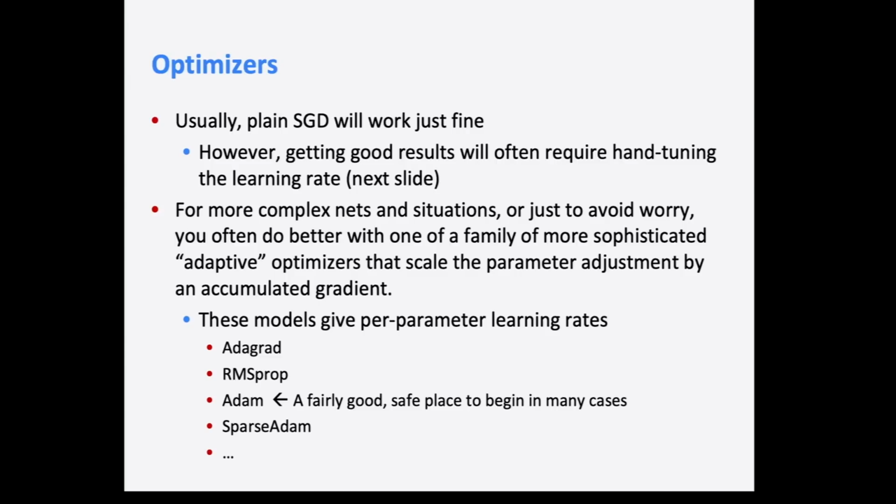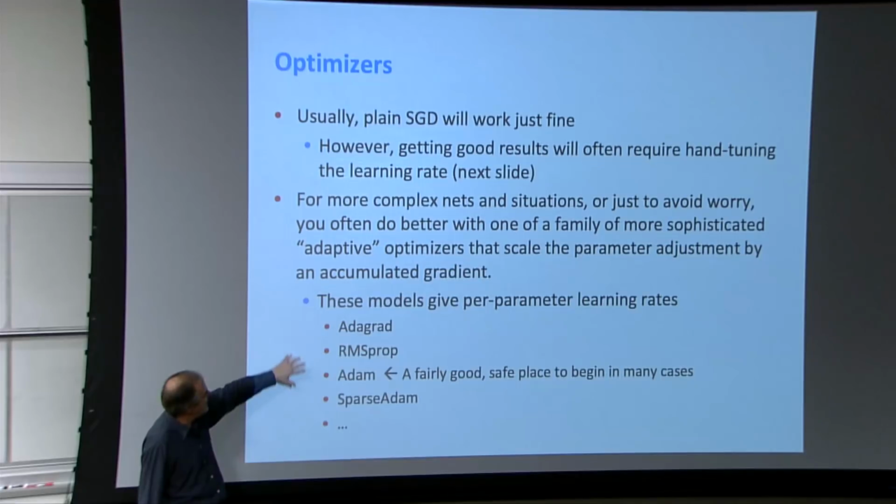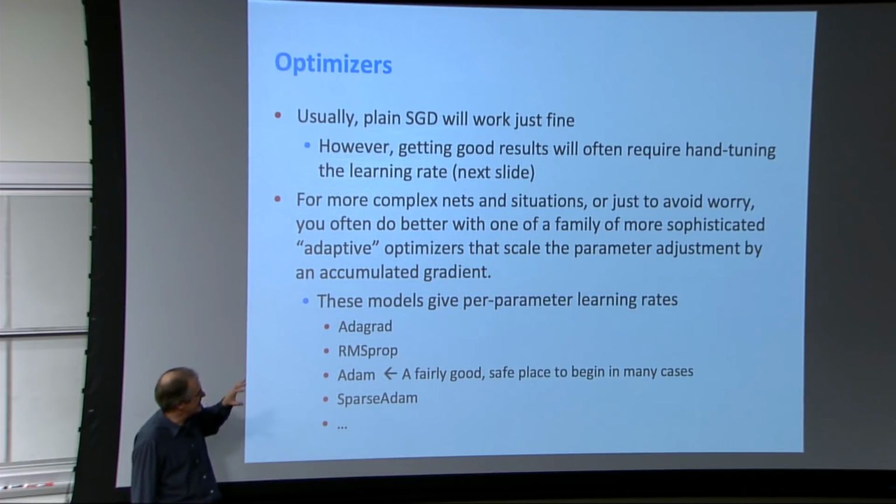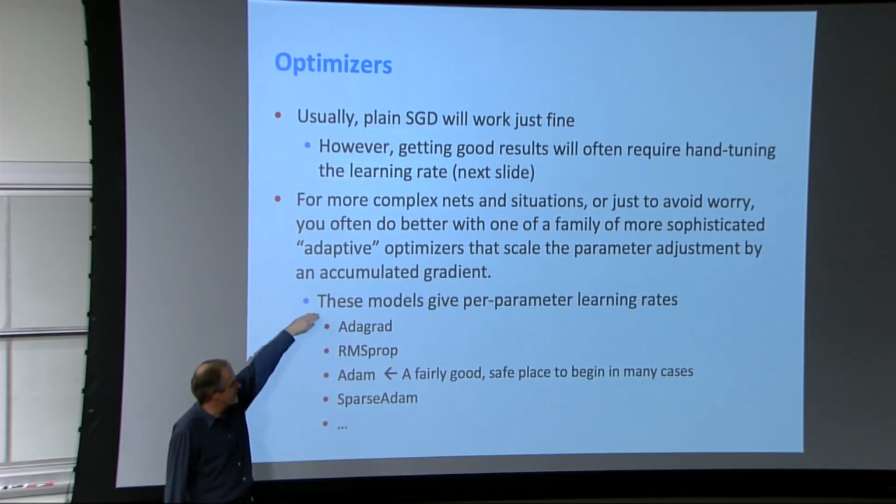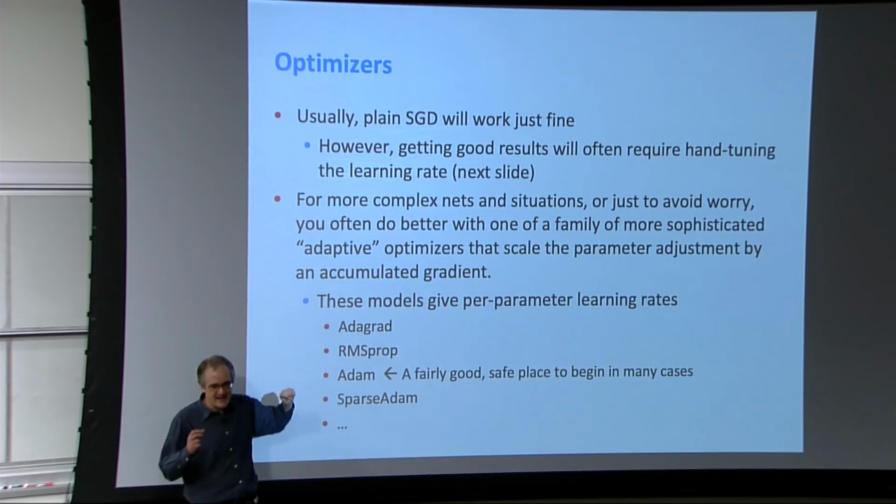For complex nets and situations, or to avoid worry, there's now this big family of more sophisticated adaptive optimizers, and so effectively, they're scaling the parameter adjustment by accumulated gradients, which have the effect that they learn per parameter learning rate, so that they can see which parameters would be useful to move more and which ones less, depending on the sensitivity of those parameters.